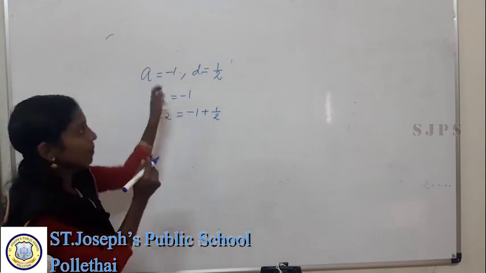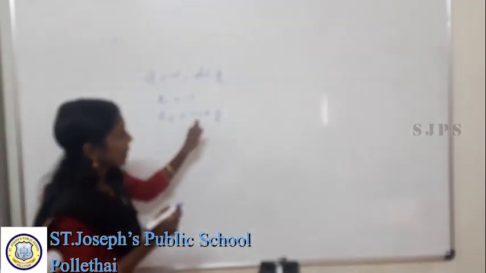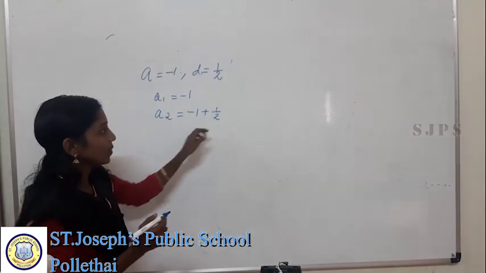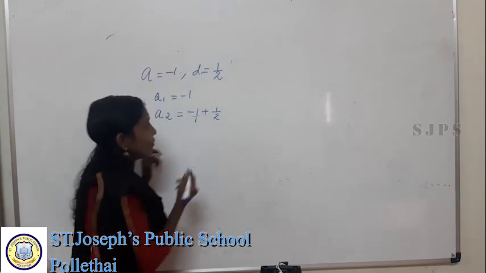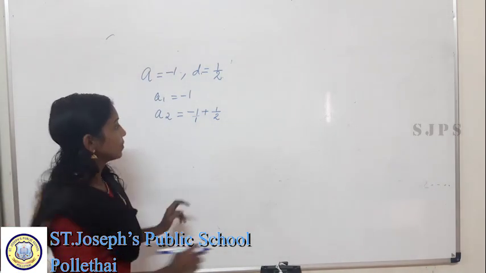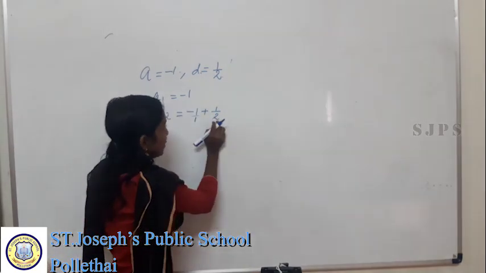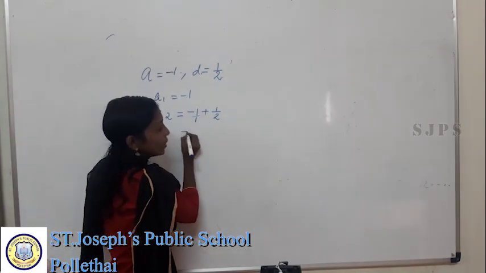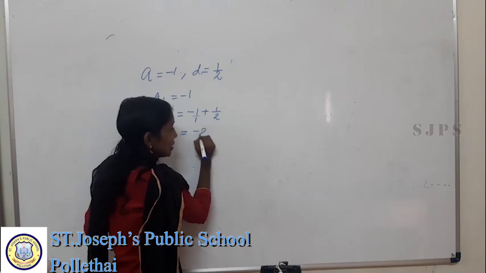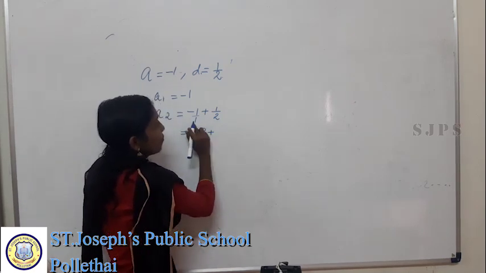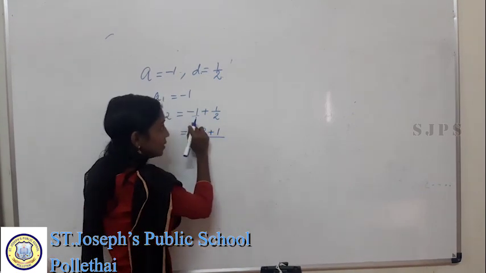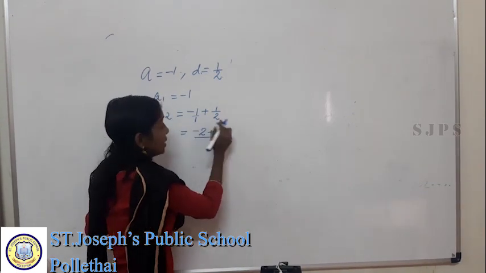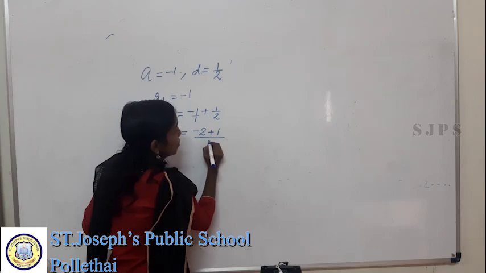That's the first term plus the common difference. It's minus 1 plus 1 by 2. Here you can put 1 as the denominator. Then to cross multiply we get minus 1 into 2 is equal to minus 2 plus 1 into 1 divided by 1 multiplied by the denominators, that is 1 into 2.